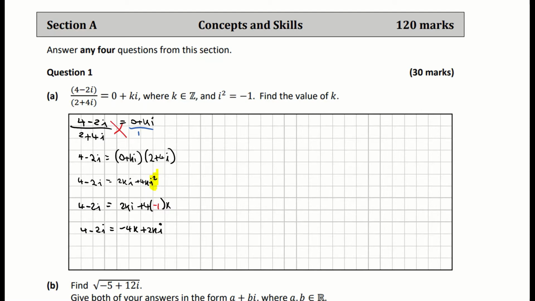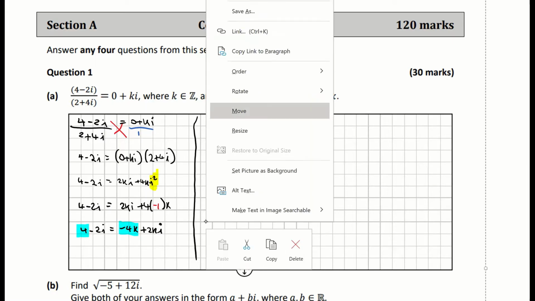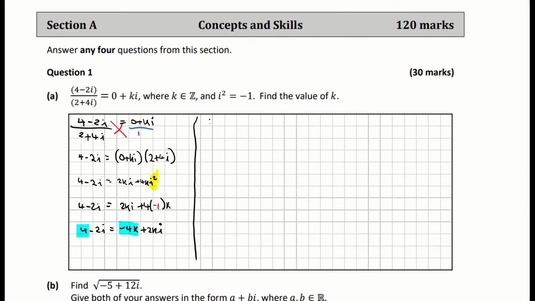Like I said, now I'm going to match the reals with the reals. So positive 4 matches with negative 4k, and then I'm going to match the imaginaries with the imaginaries. So therefore, 4 is equal to minus 4k, so dividing both sides by -4, k is equal to -1.